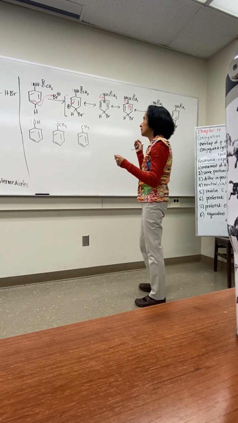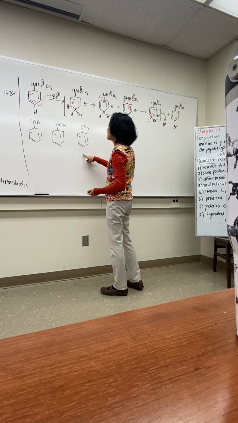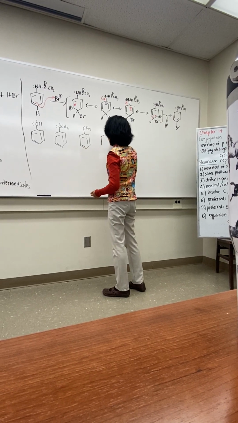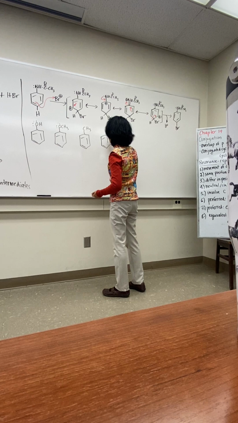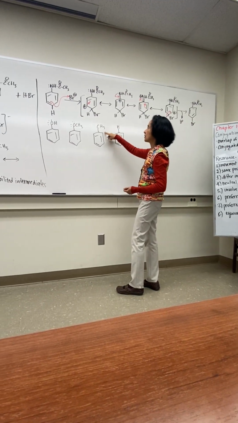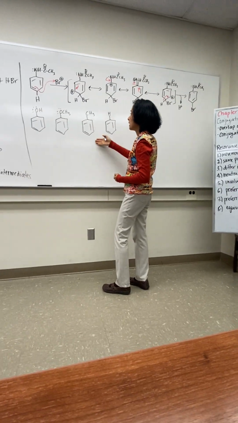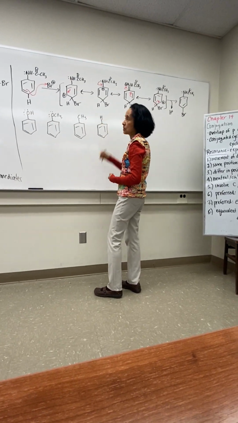That means that it can dump electron density onto the ring. It makes the ring more reactive than if you don't have a substituent. So if you have an H, a small atom compared to this methyl, then the CH3 is going to be more of an activator than just an H.